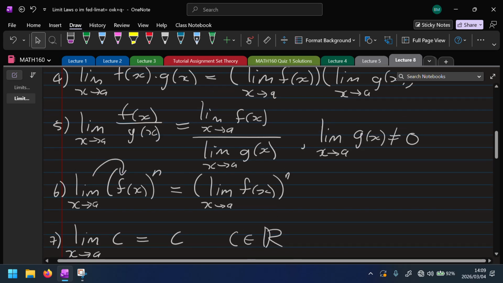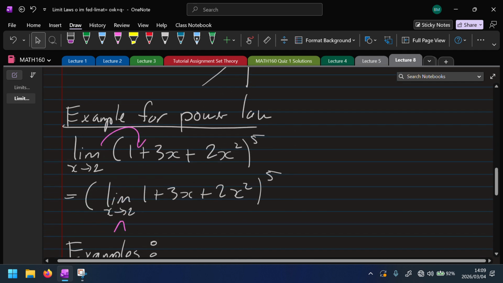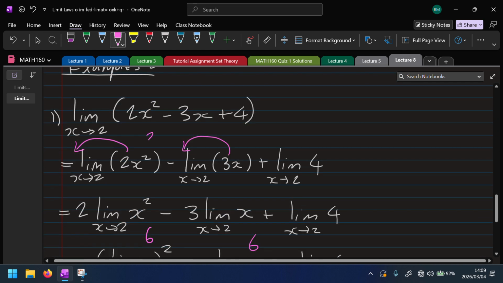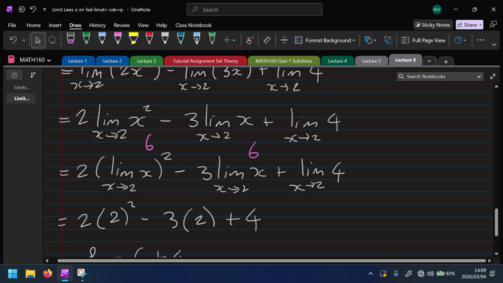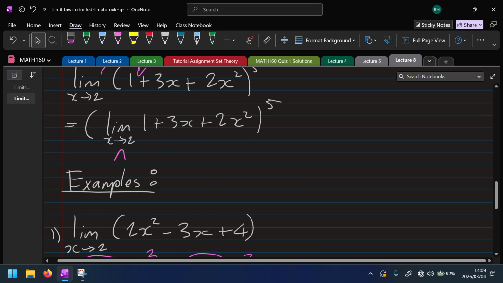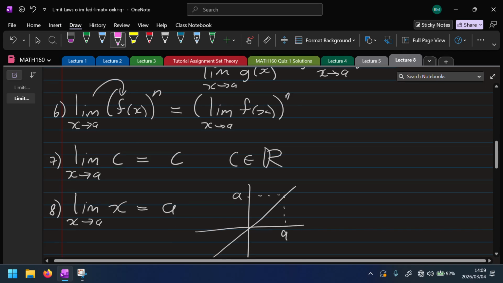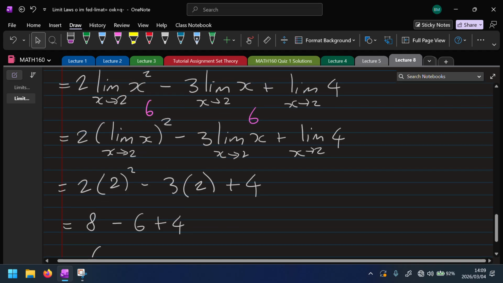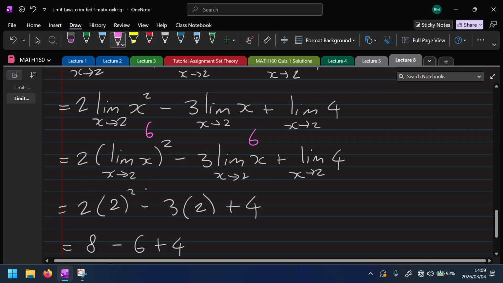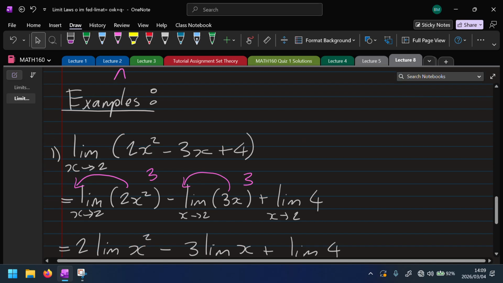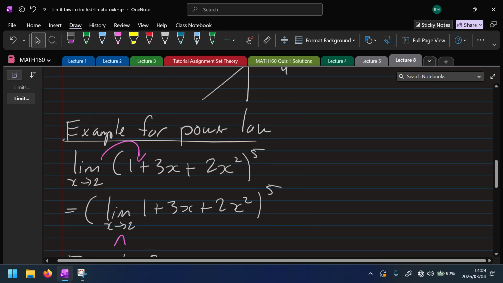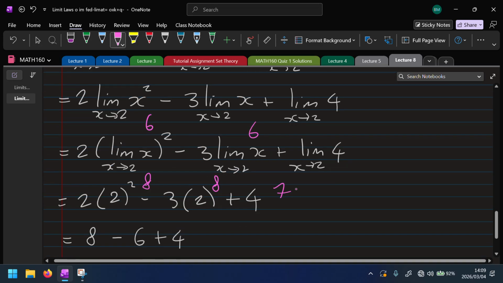Taking out a constant, that was number 3. Then we did the limit of x, that was number 8. And then the limit of a constant, that was number 7.